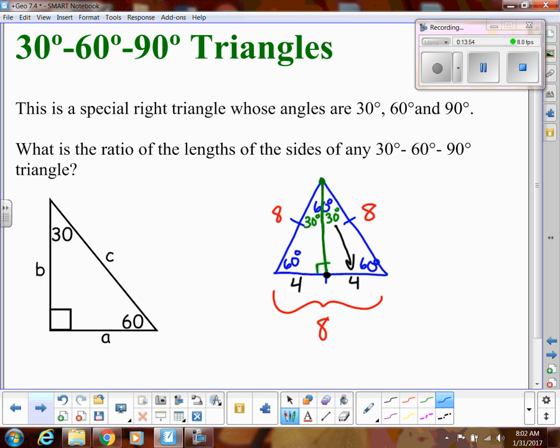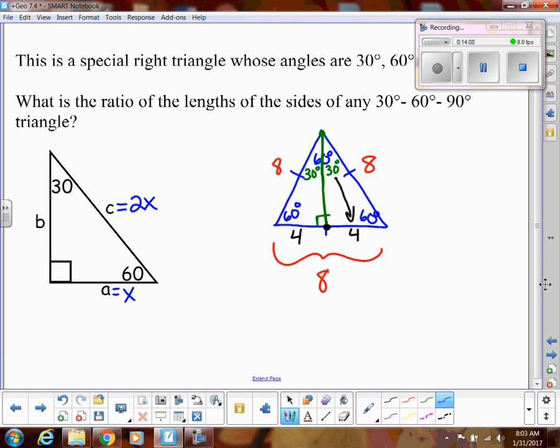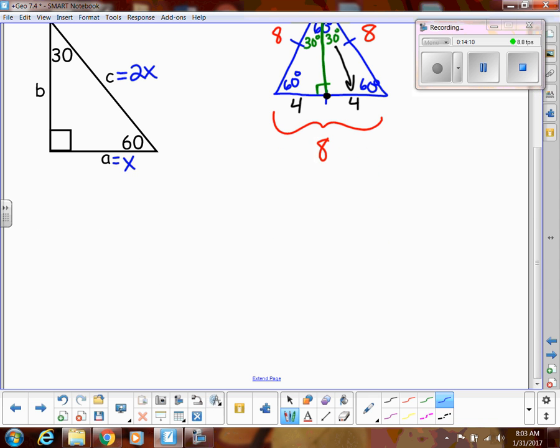So I'm going to say if A is X, then the hypotenuse has to be twice as big. So either way, you could have said that C is X and A is half of X. But what I'm going to show you is if I use this in the Pythagorean theorem, then we will always get the same result for our B side. All right, so we're trying to figure out what B is.